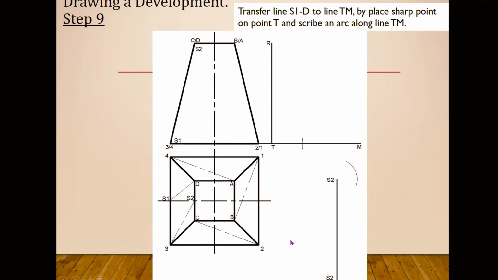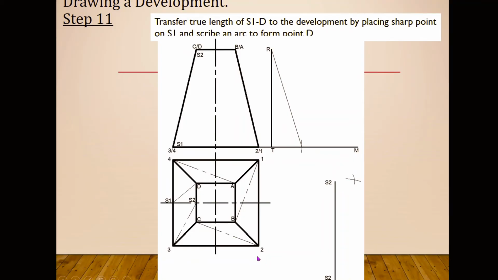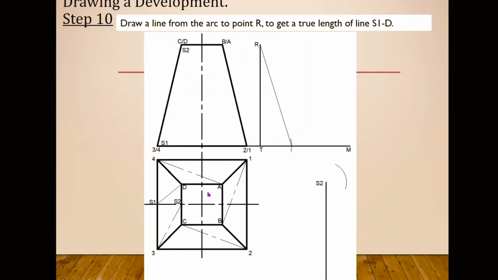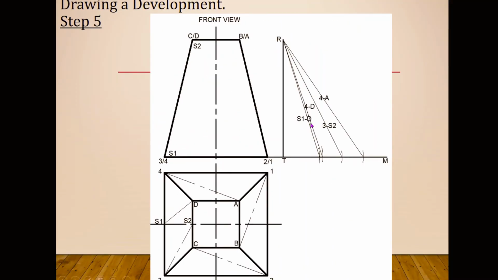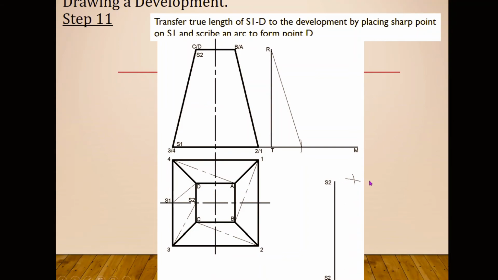Then we are going to take the measurement, or the length, of line S1 to D. Remember, this is S1 to D. You take this true length of S1 to D, then you place your sharp point here and you scribe an arc. Then you get this point.